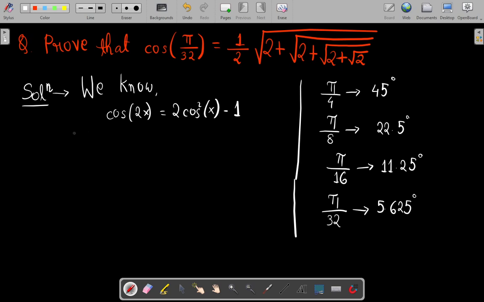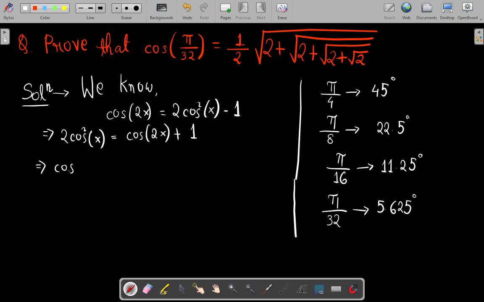So let's start with this equation here. From here, if we try to find the value of cos square x, cos square x will be equal to half times cos twice x plus 1, after changing the sides.